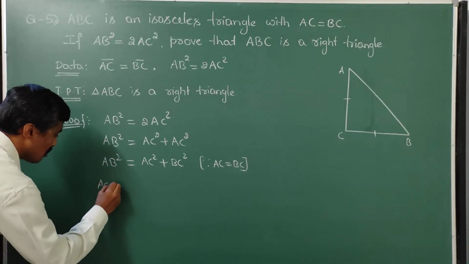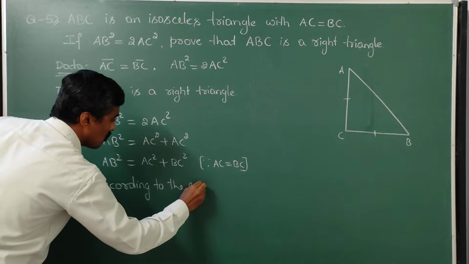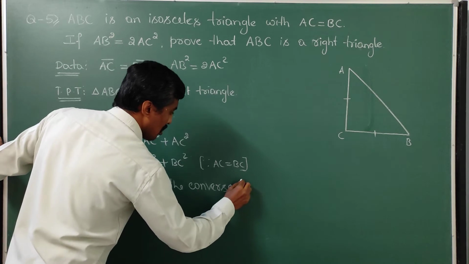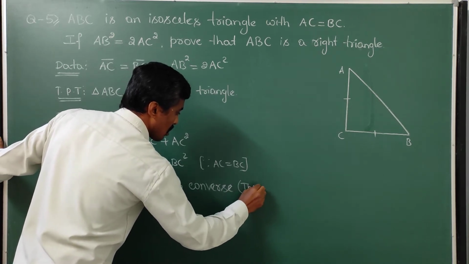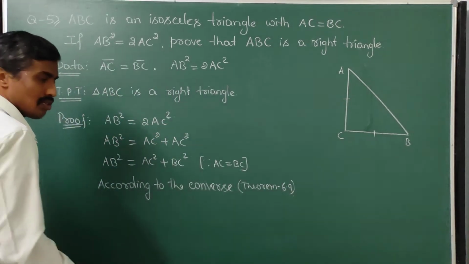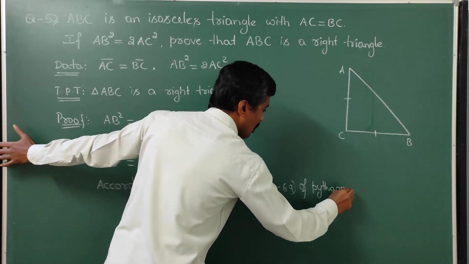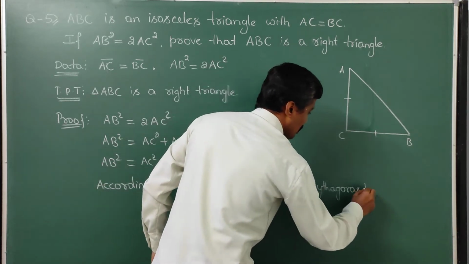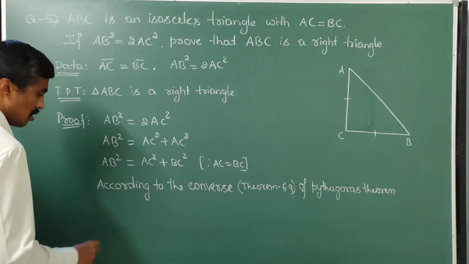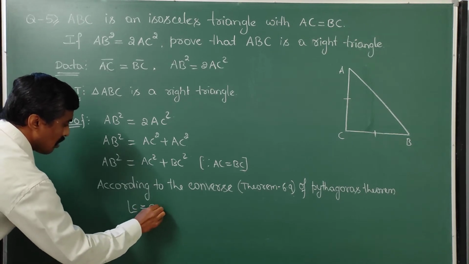So according to theorem 6.9, the converse of Pythagoras theorem, angle C is equal to 90 degrees.